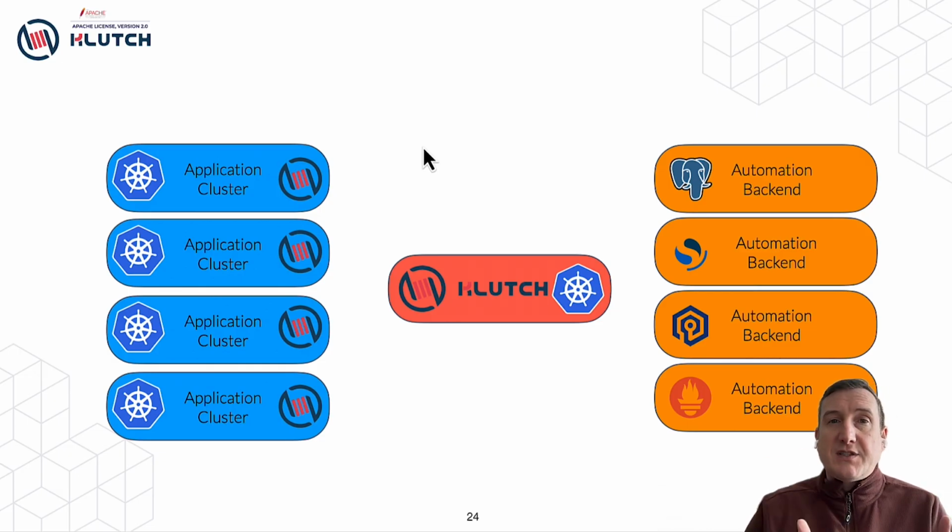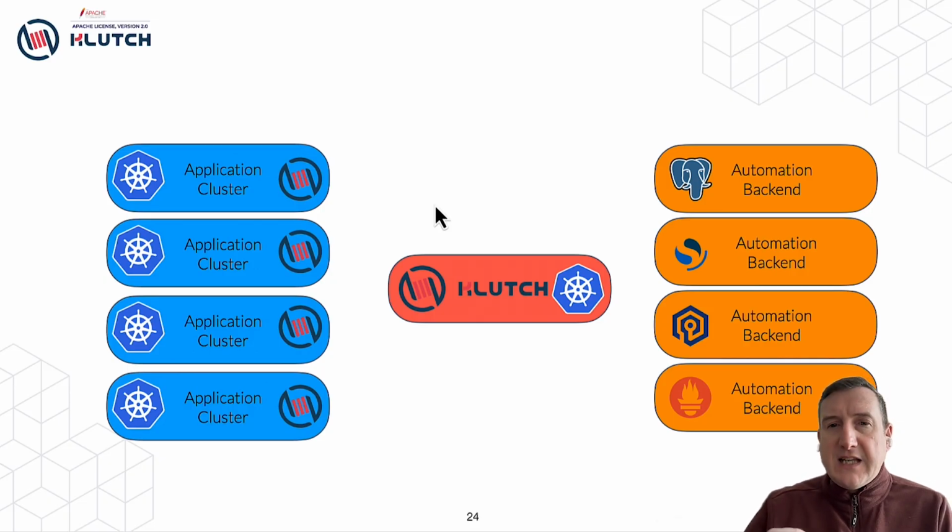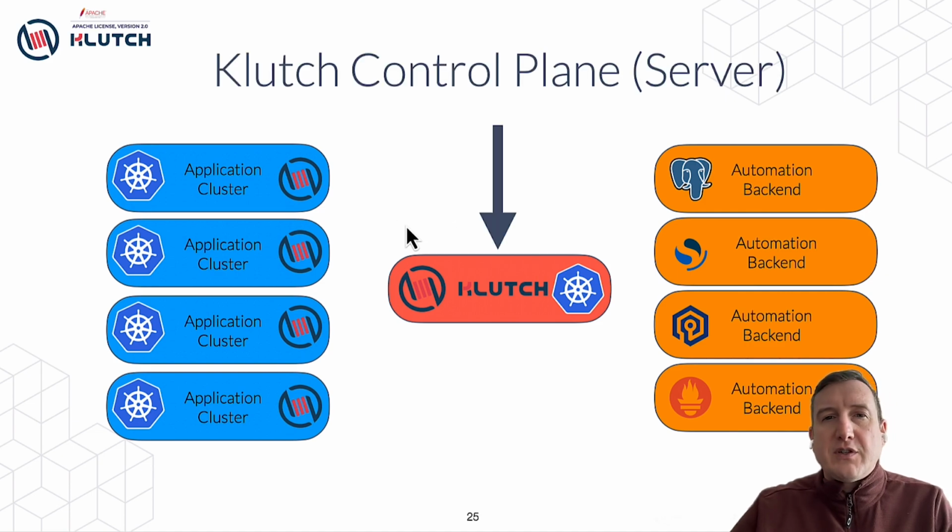And it does that across a large number of Kubernetes clusters while introducing a central control plane that allows the integration of arbitrary automation backends using Crossplane as an integration layer.